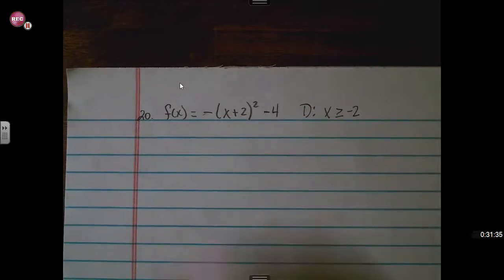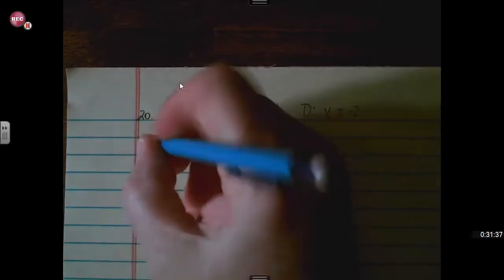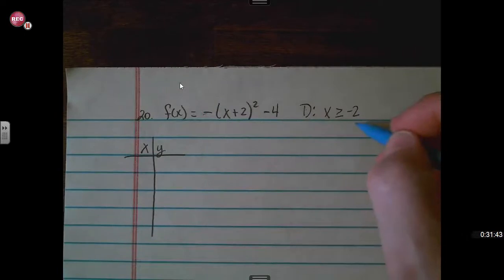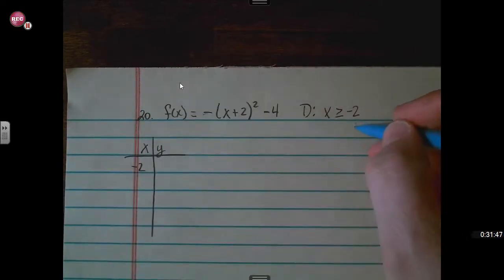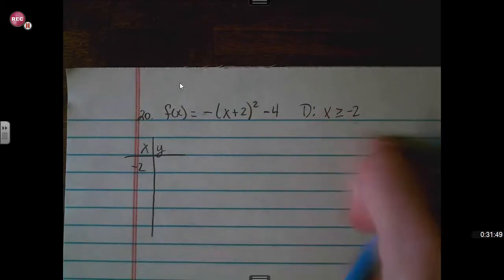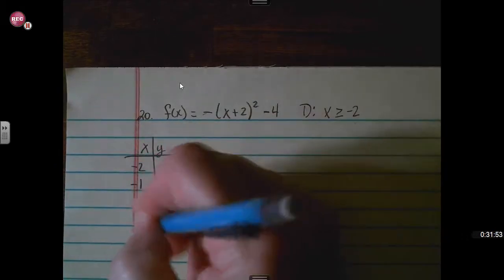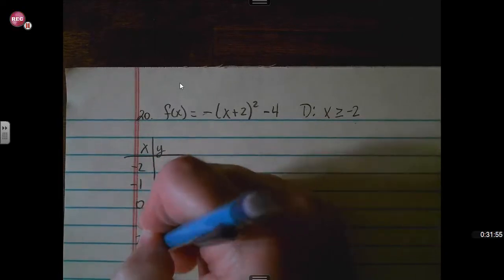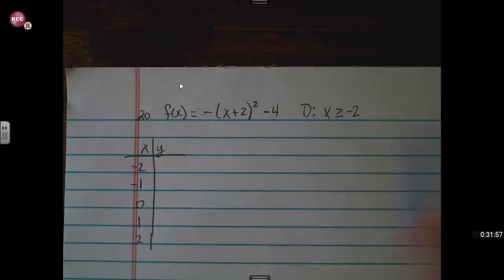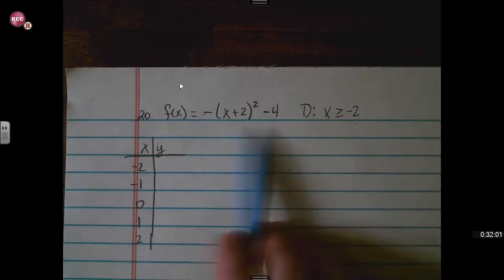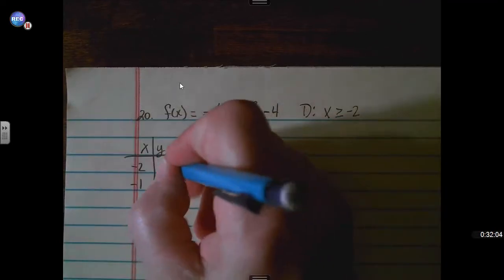So first what I do is I like to graph them. So for the function, I'm going to start with negative 2 because that's the beginning of my domain, and then the x's are greater than or equal to that. So I'm going to go to negative 1, 0, 1. We'll see how high we get there. When I plug in negative 2, I get 0 in here, so it's going to be negative 4.